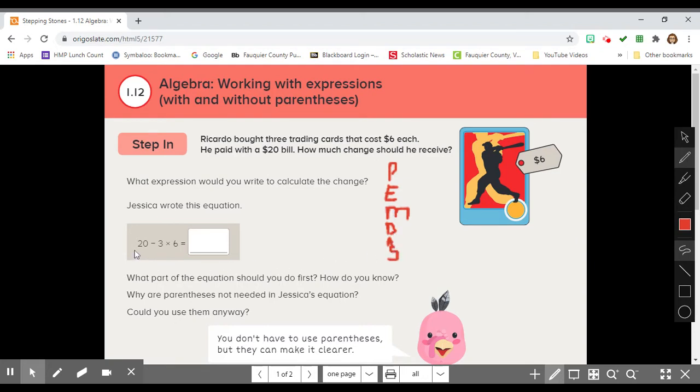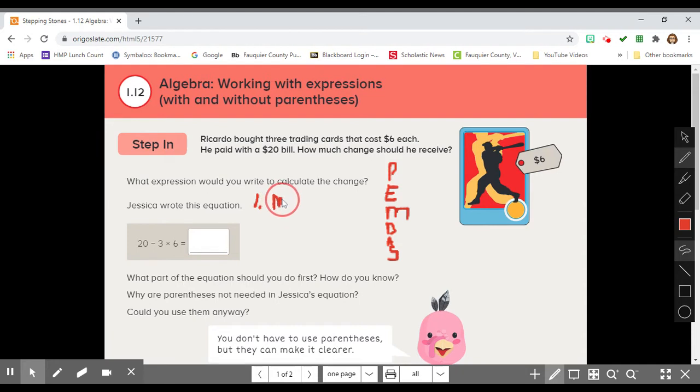We're reading the problem from the left to the right. The first multiplication or division that we come to is obviously the 3 times 6. So we're going to do multiplication first, okay?